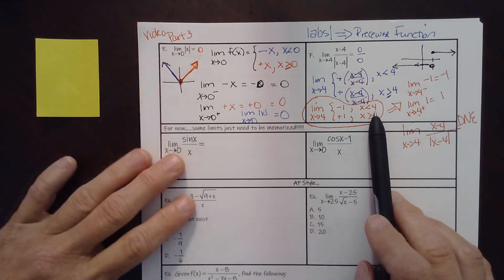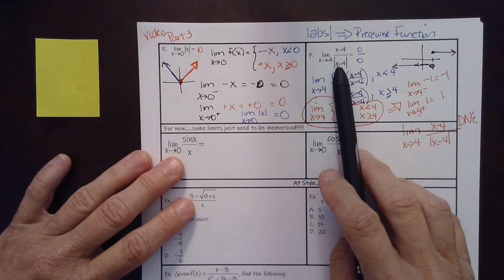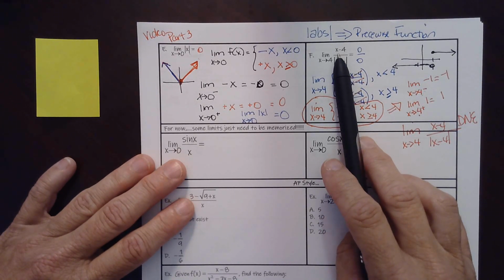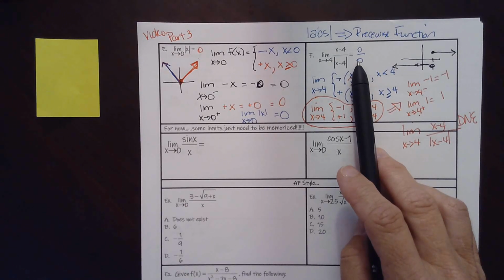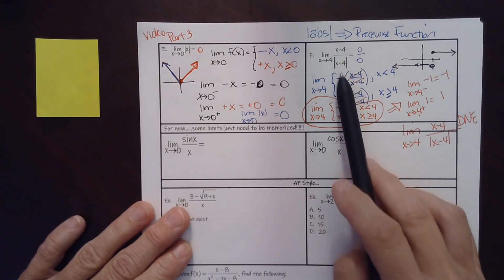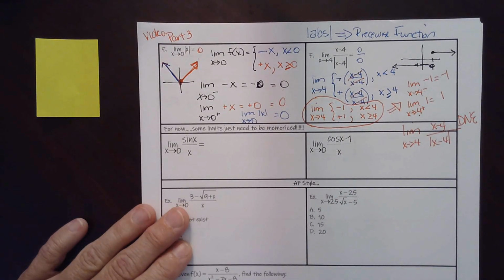So that's an interesting function, but anytime you need to find a limit that involves an absolute value, if substitution gives you 0 over 0, the indeterminate form, then rewrite the function as a piecewise function. And then find the left-hand limit and find the right-hand limit.